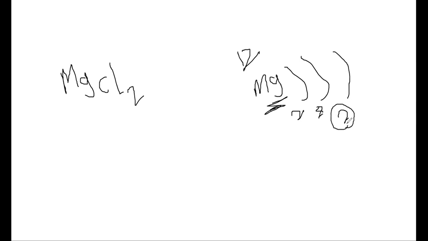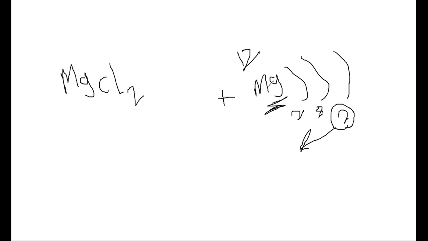Excellent. It loses 2 electrons. When the atom loses electrons, does it become positive or negative? Yes, excellent, positive. When the atom loses 1 electron, it becomes a positive ion.